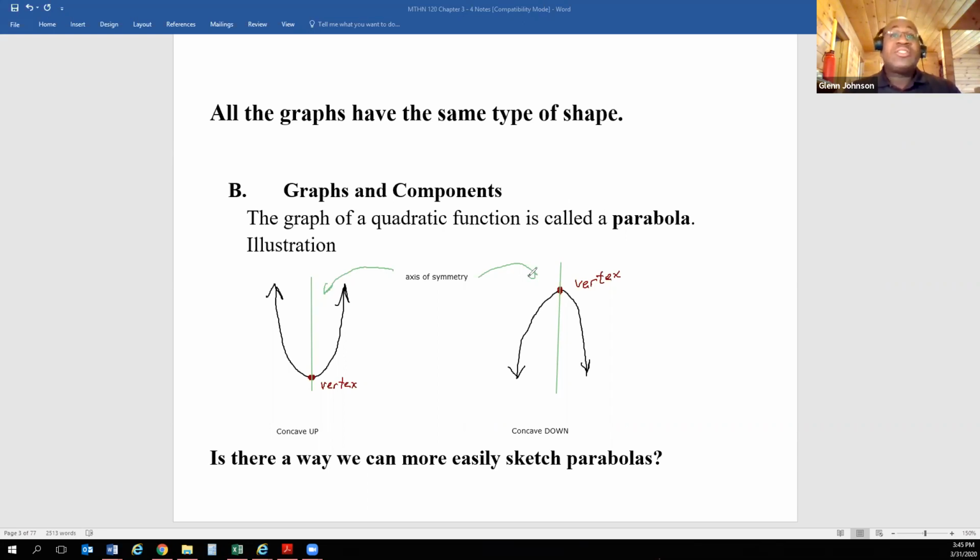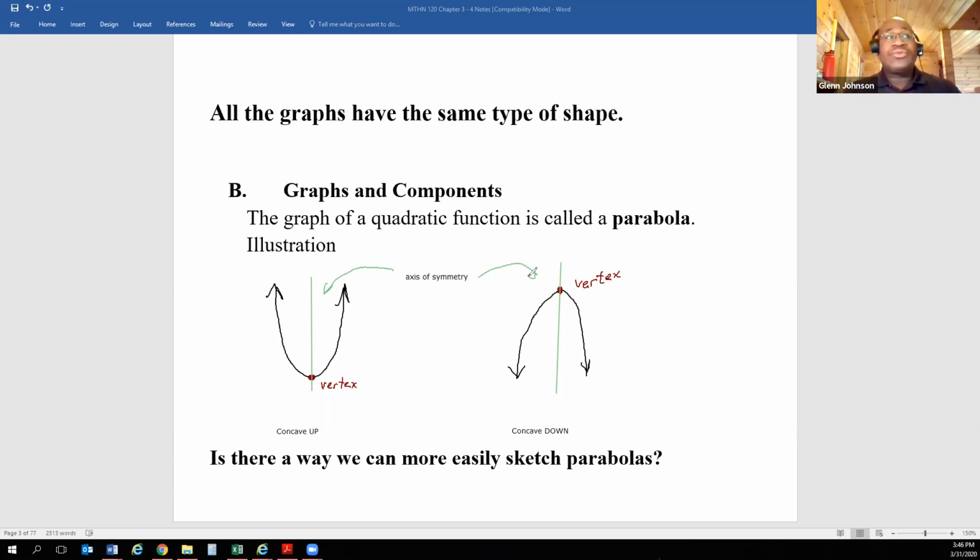So now when it comes to parabolas, we can draw a pretty good sketch, a decent sketch of a parabola if we know the vertex of the parabola and the concavity. Because having the vertex basically gives us the turning point. The concavity tells us whether it's going to point upward or downward.